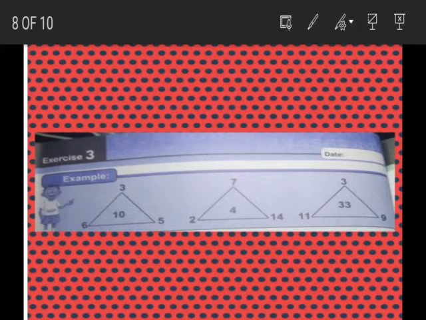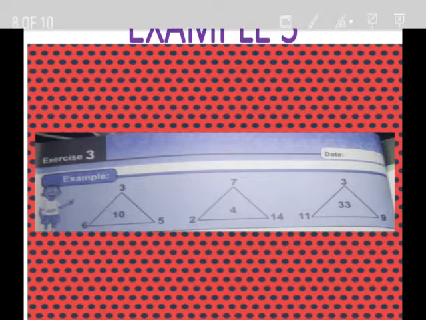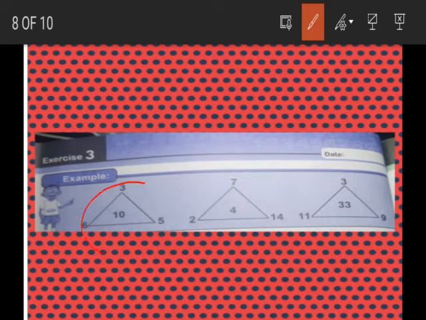Alright, this is our third example. I want you to study this sample very well. Now let's assume we are looking for this 10. 10 was not given.